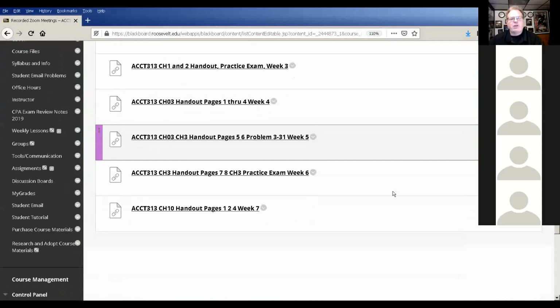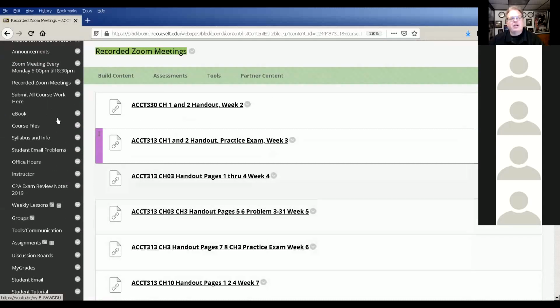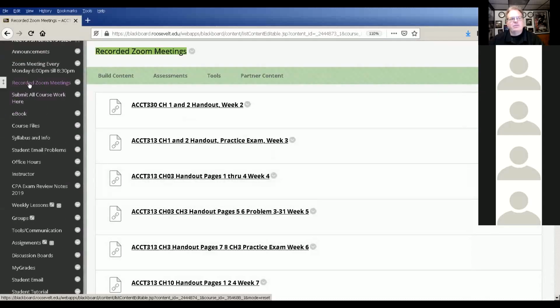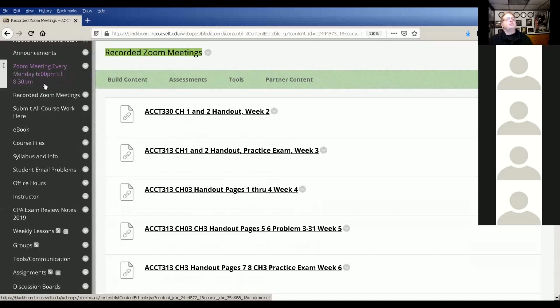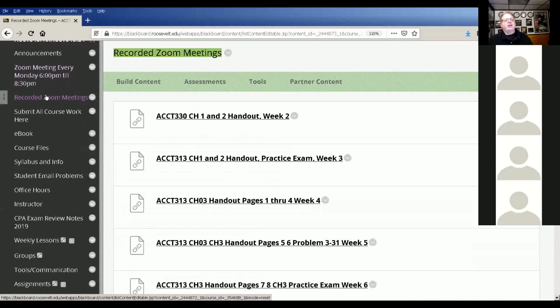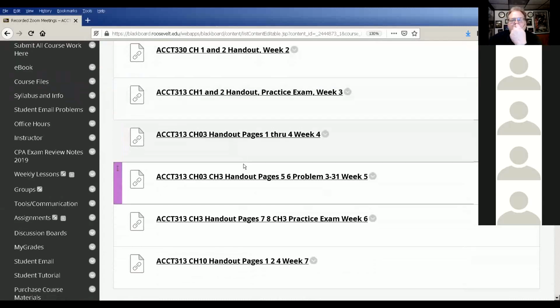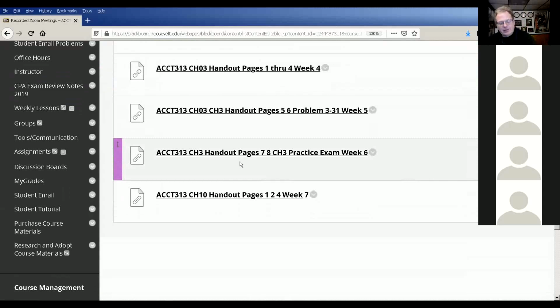A couple people have asked me where the recorded Zoom meetings are. They're right underneath, in a folder. They're not in the Zoom meeting folder, but the one right underneath it. So all the recorded ones are underneath it. If you need to look at any of them, you can.